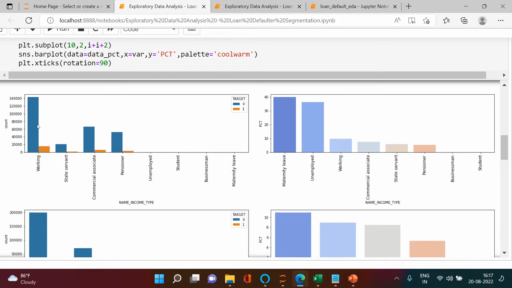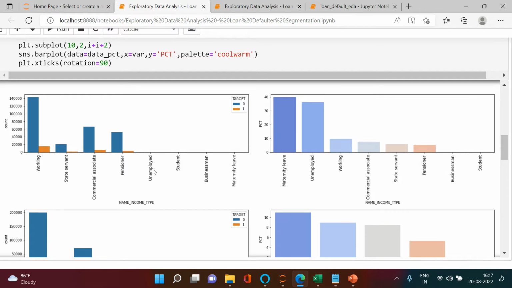If you see, working professionals have been given most of the loans, followed by commercial associates, and then pensioners. The default rate for working professionals is lower than commercial associates, and pensioners also have a low default rate. So this is a very good segment to target for the loan: working professionals, commercial associates, or pensioners.